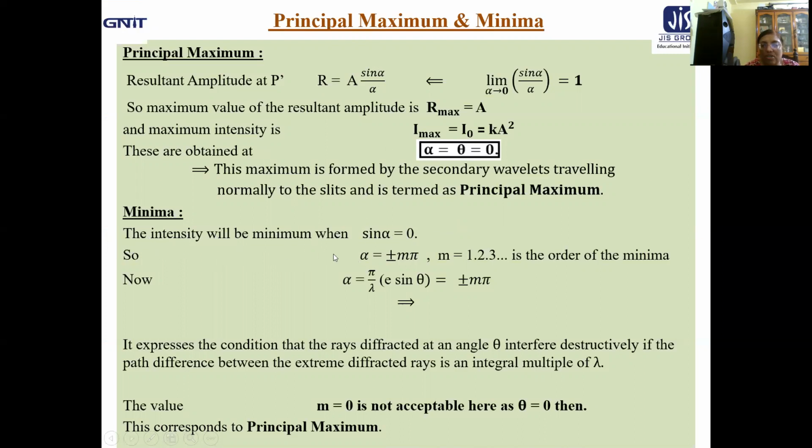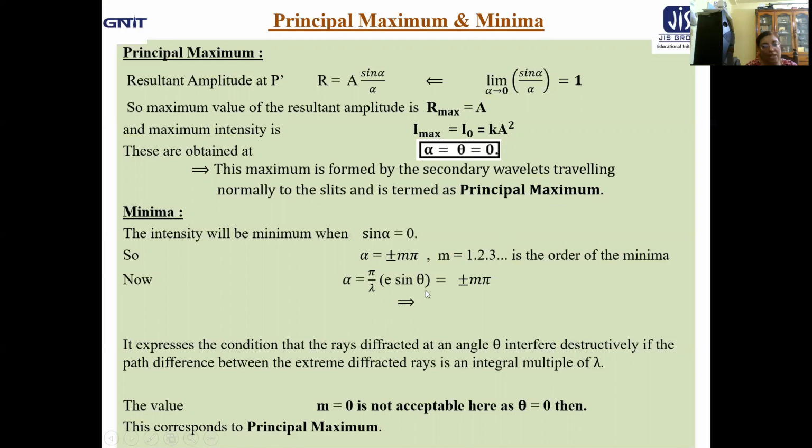Now for which values of alpha will it be satisfied? Plus minus m pi. What about m? M is the order of the minima. And what should be the values of m? 1, 2, 3, 4, etc., giving you first order, second order, third order minima on either side of the principal maximum. Okay. Now, what about alpha?